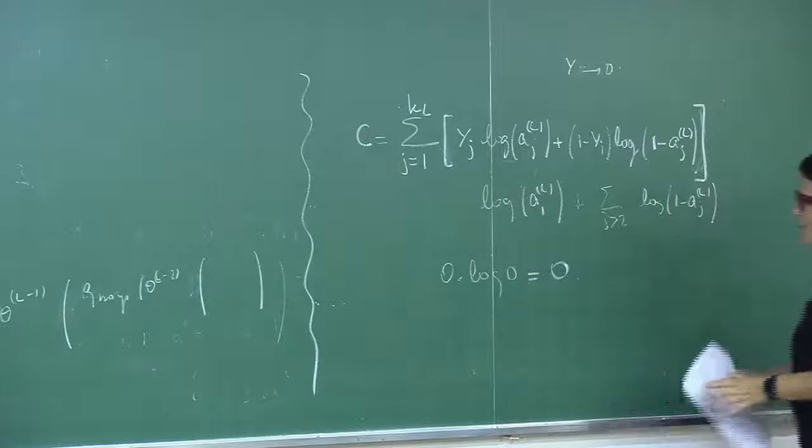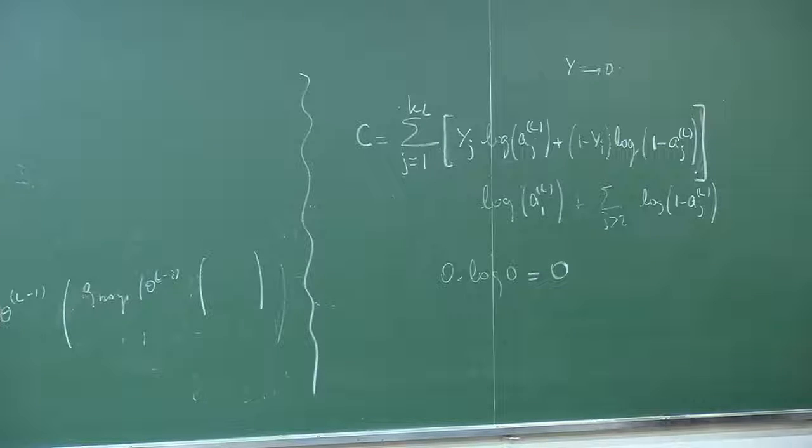And then what do you want from here? Okay, I will tell you something easy. Suppose that my prediction is perfect. What does it mean that the prediction is perfect?